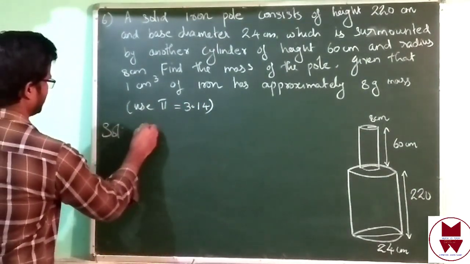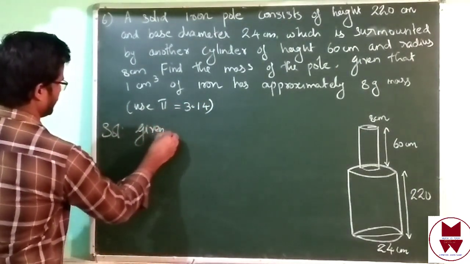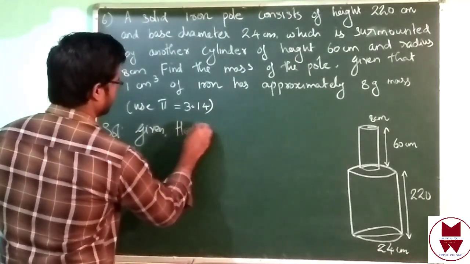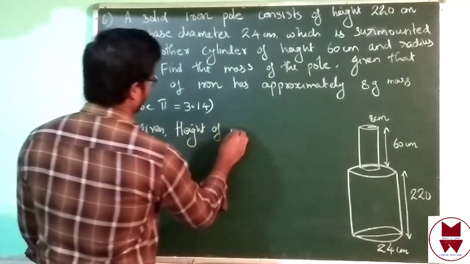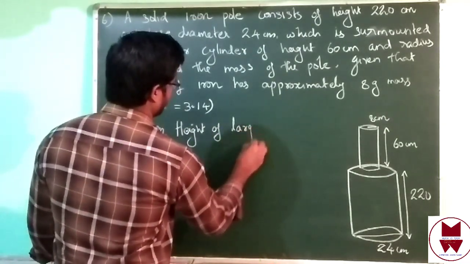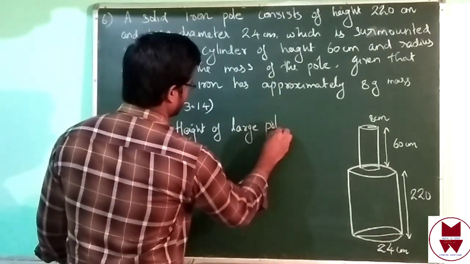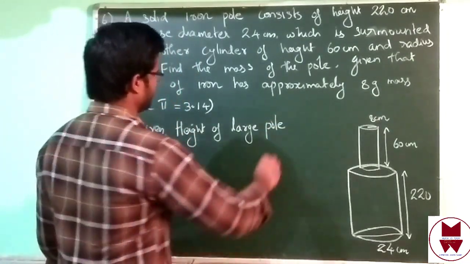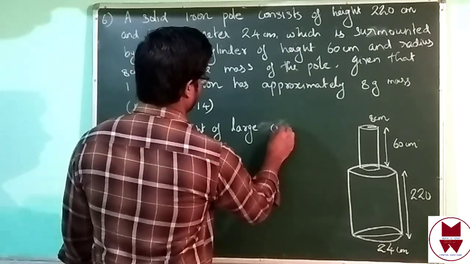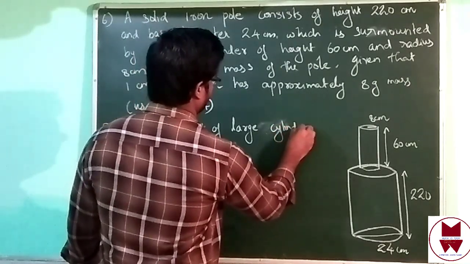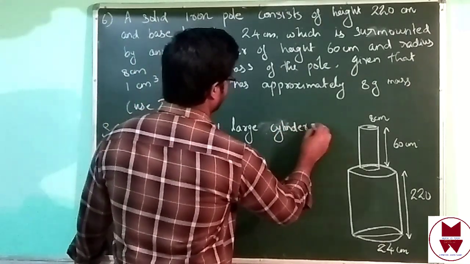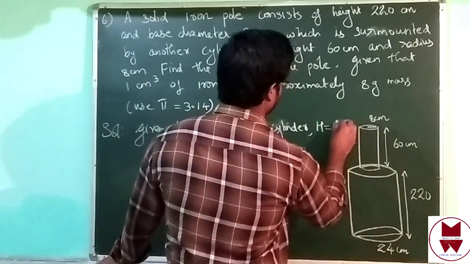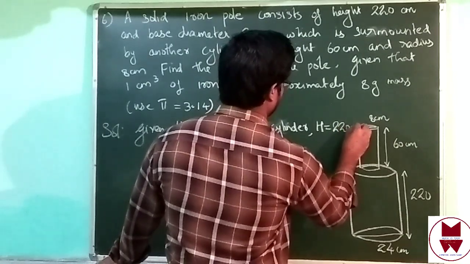Given the height of the large pole, otherwise large cylinder, anything you can use. For the large cylinder, capital H equal to height of large cylinder is 220 centimeter.